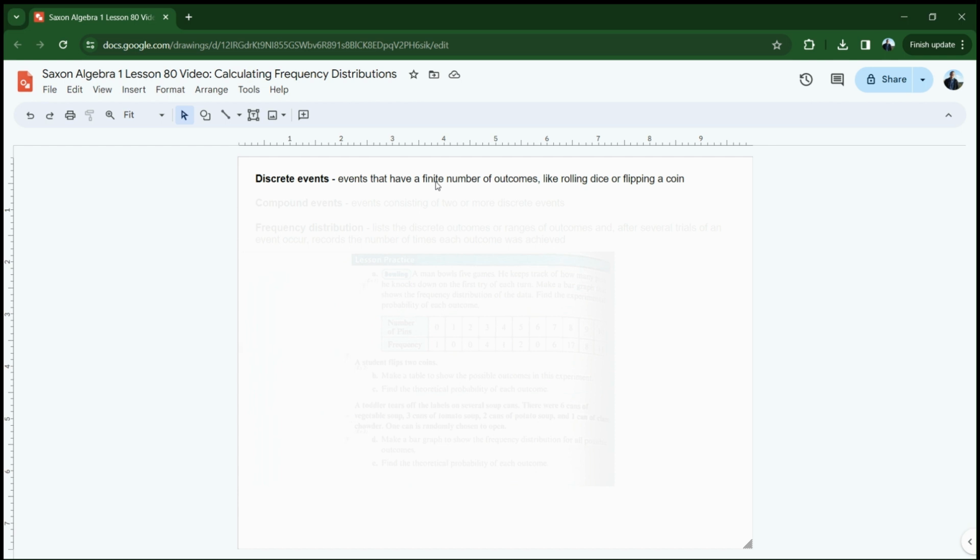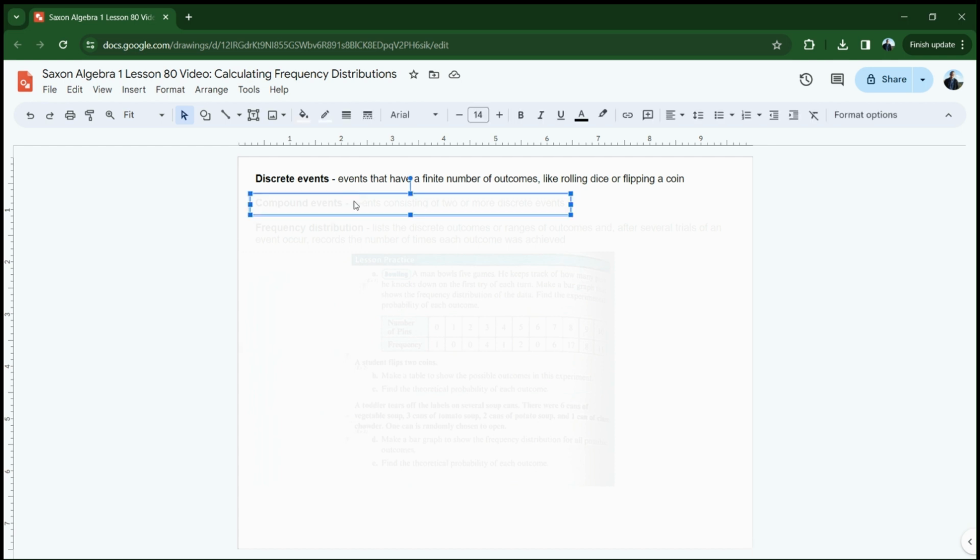I can keep getting decimals and decimals, smaller and smaller, more precise values. There's an infinite number of different values that I can associate with how long it takes somebody to sneeze. There's an infinite number of values I could associate with how tall people are. Those are not discrete events, those are continuous observations. So, discrete events are ones that have a specific finite number of outcomes.